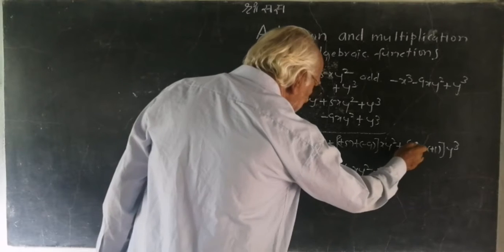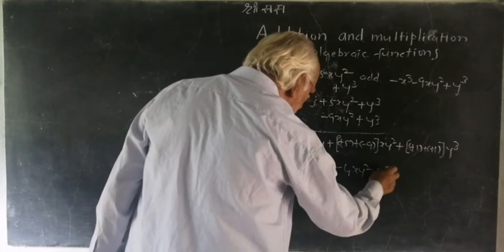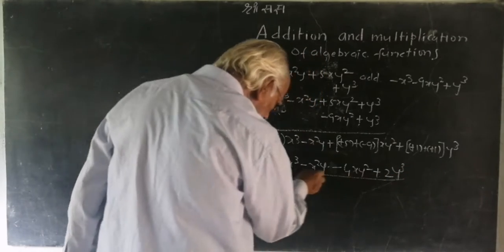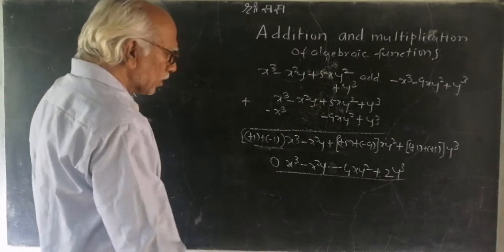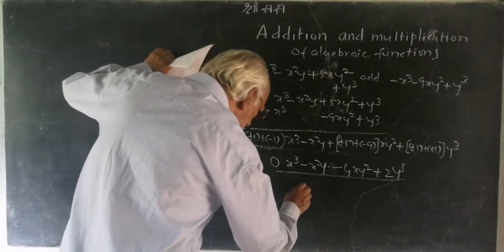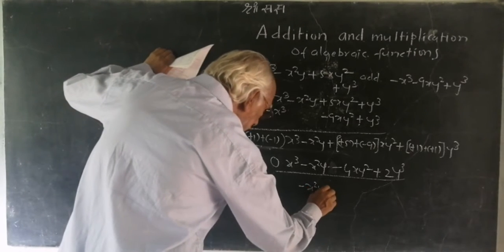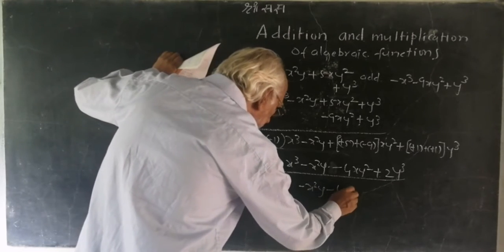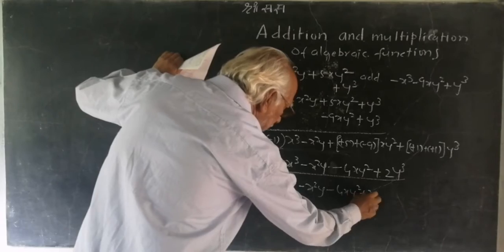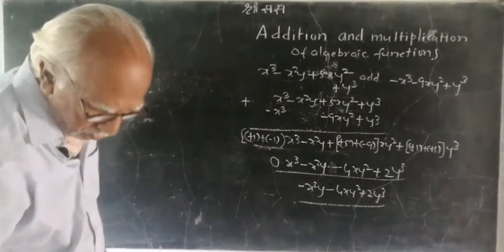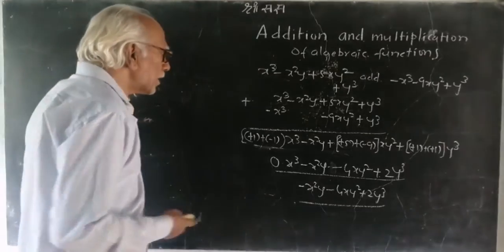Finally, they carry the same sign, 1 plus 1 is 2, and the same sign is attained here. So the answer will be 0x cube minus x square y minus 4xy square plus 2y cube, or minus x square y minus 4xy square plus 2y cube.